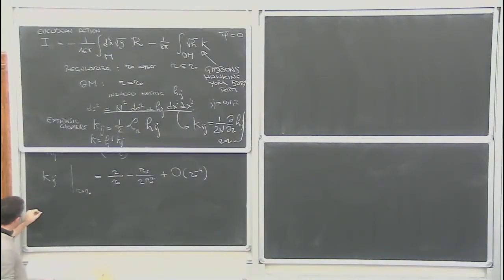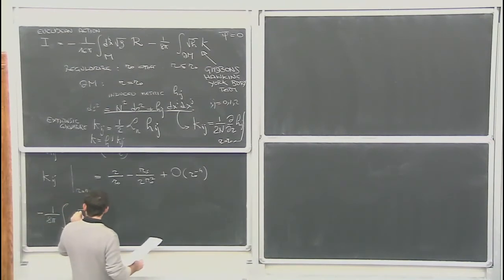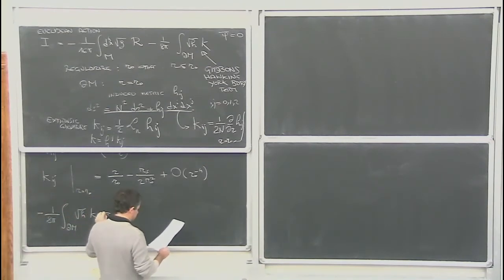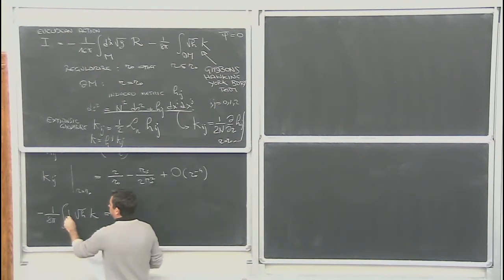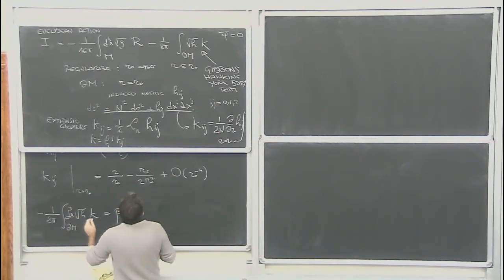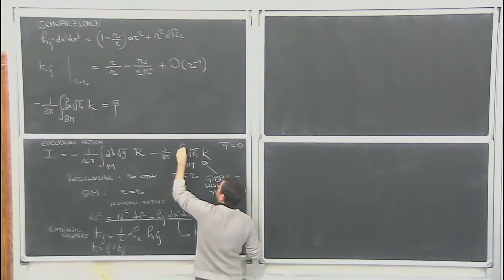So this evaluates to, once you do some computations, beta again, because here is an integral over d3x. Maybe I forgot to write the integral d3x here.